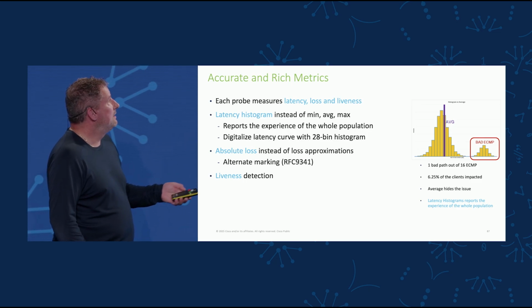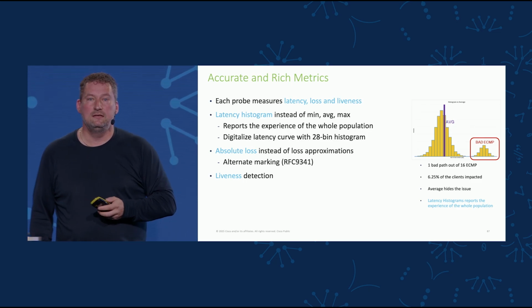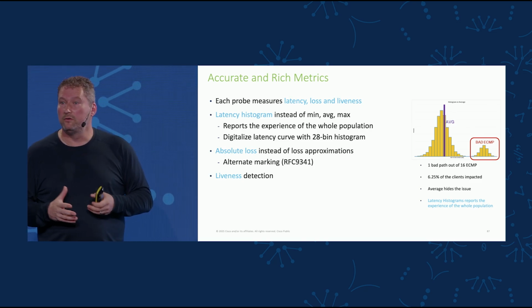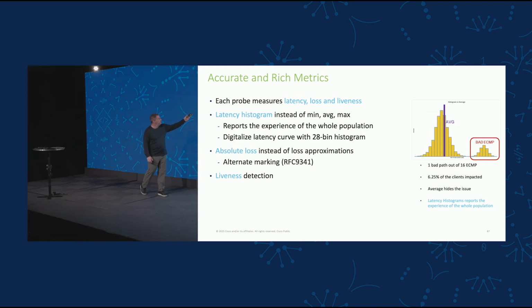How do we do this, right? So each probe measures the 3Ls, okay? So latency, loss, and liveness. Latency is essentially binned into what we call a digital histogram that can be of different sizes based on the needs for the measurement or the distance between the measurement points, right? And it will report the experience of the whole population with a histogram.